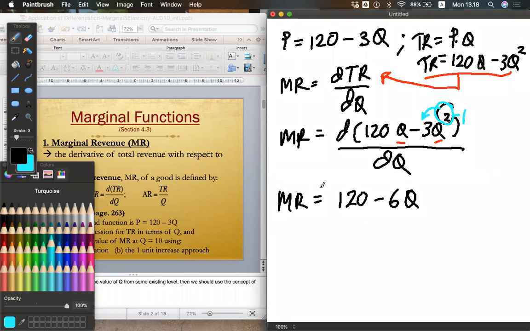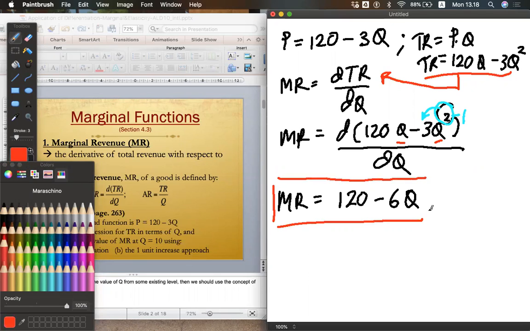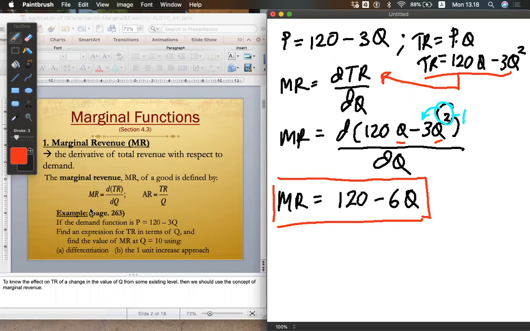And we have the marginal revenue. This is the marginal revenue: 120 minus 6Q. And then the question asks us to find the value of MR at Q equals 10.